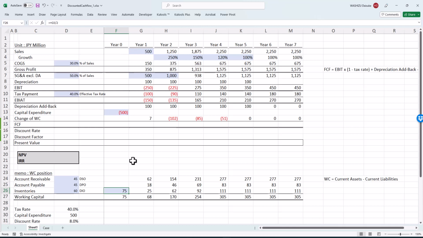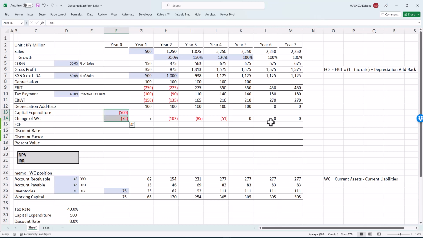In that sense, for the initial year, we take the previous year's end position minus this year's end position. We need to have a working capital build up, which requires a 75 million cash outflow in year 0, in addition to the capital expenditure.